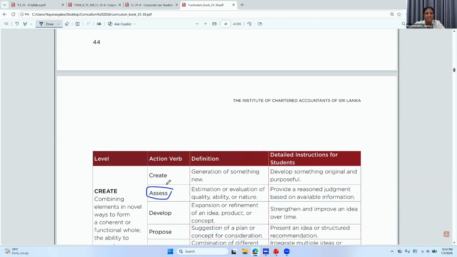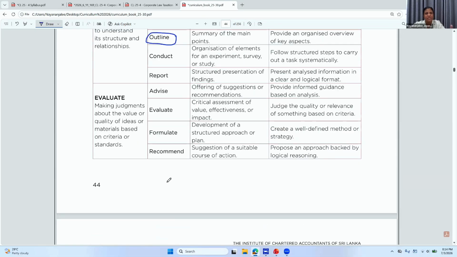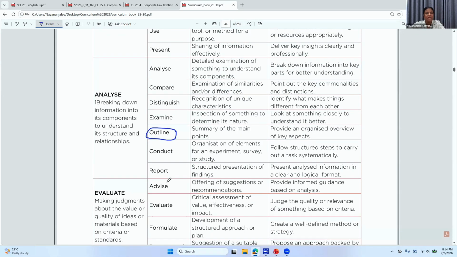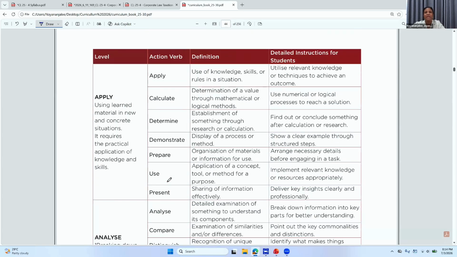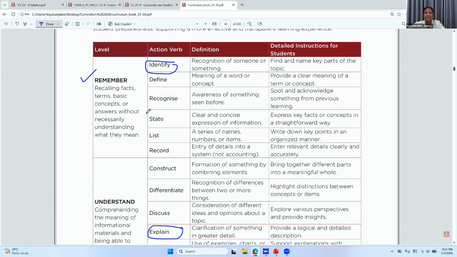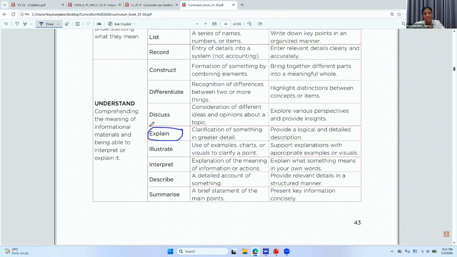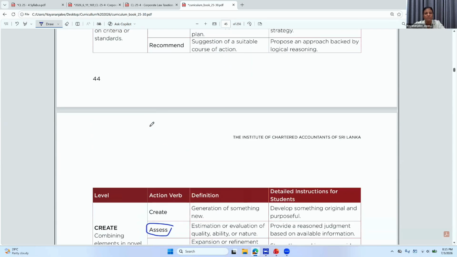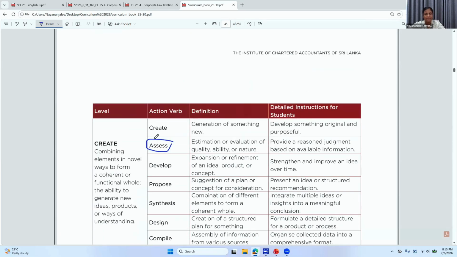Now you can see they are in different levels. Explain is tested from this one. Then understand, which is in the second layer, has been tested.